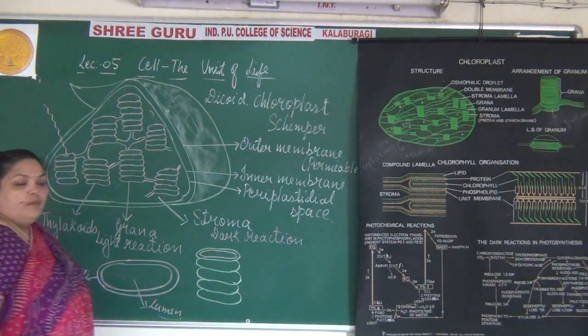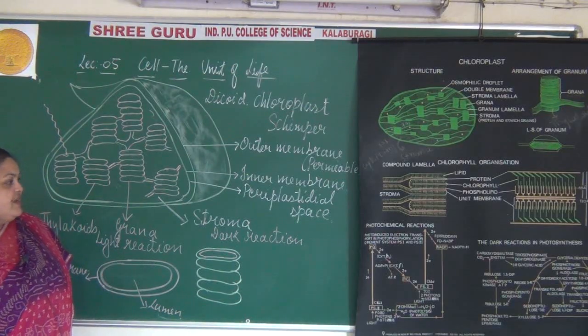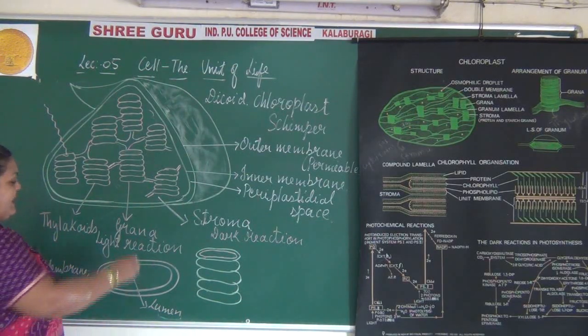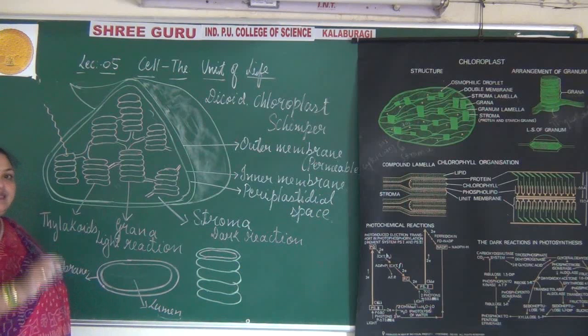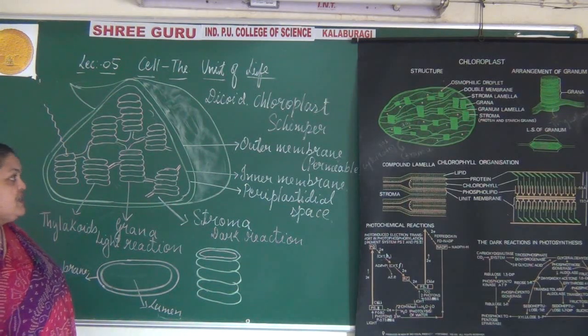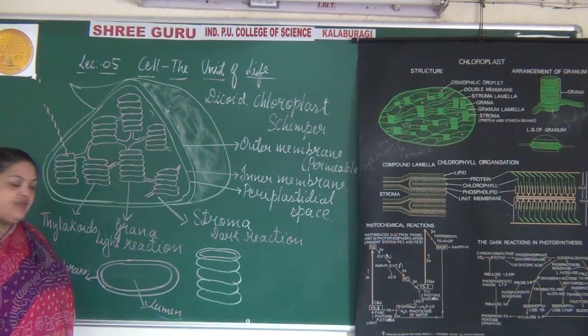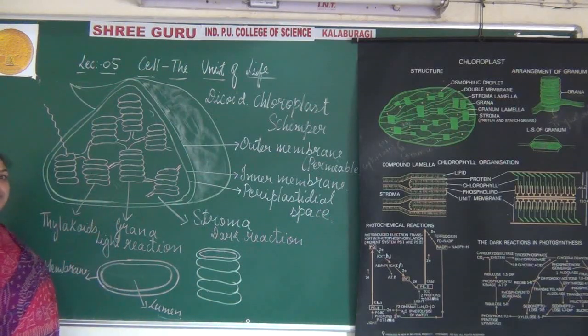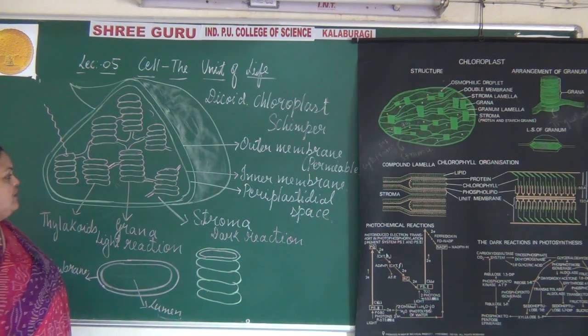But for now, remember that the grana has the thylakoids. The thylakoids contain the photosynthetic pigments. These photosynthetic pigments help in absorption of solar energy and are involved in the synthesis of the food.